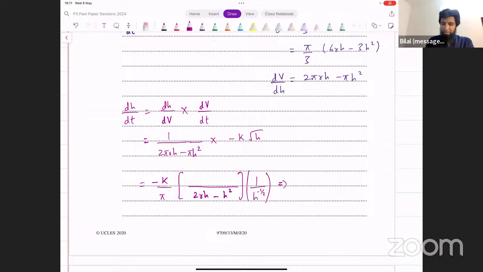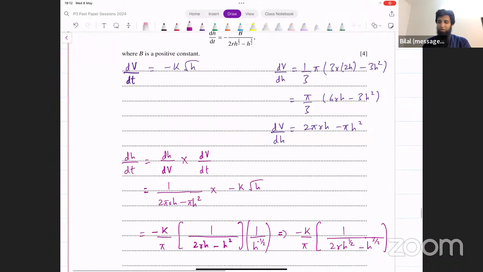And now if I multiply that inside, that gives me minus k over pi into 1 over 2r h raised to the power 1 minus 1 over 2 minus h squared into h raised to the power minus 1 over 2. 2 minus 1 over 2, the power becomes 3 over 2. And that is what we wanted in the denominator there: 2r h raised to the power 1 over 2 minus h raised to the power 3 over 2.